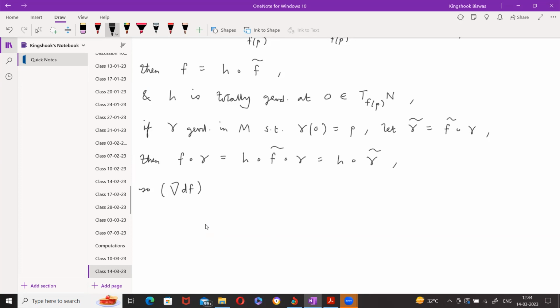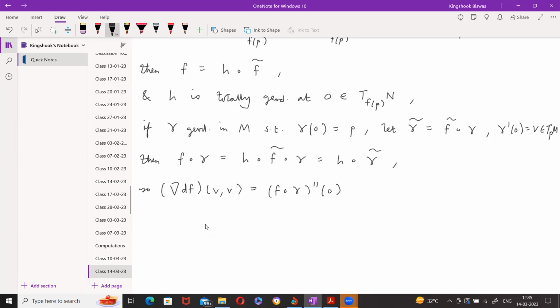Let's suppose gamma prime 0 is V in T_P M. Then by what we proved earlier, since gamma is a geodesic, nabla df of V, V is equal to F composed gamma double prime of 0.